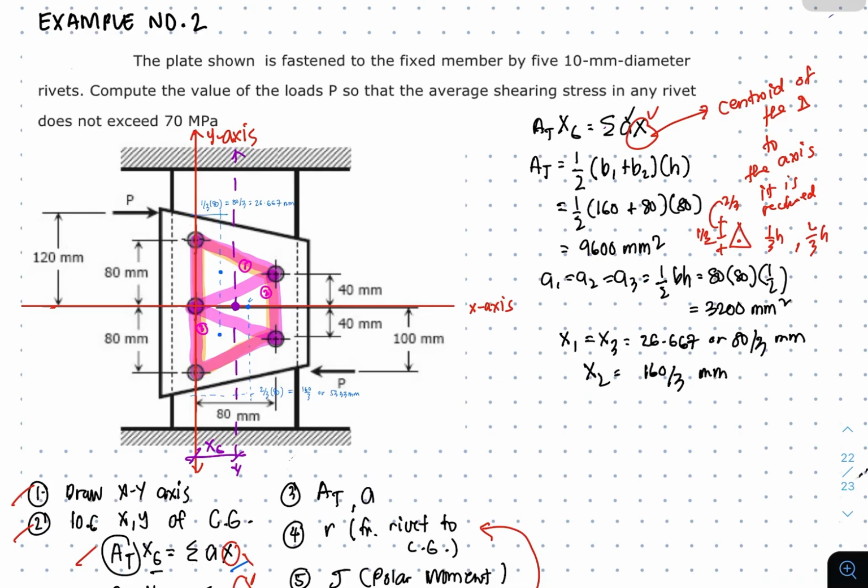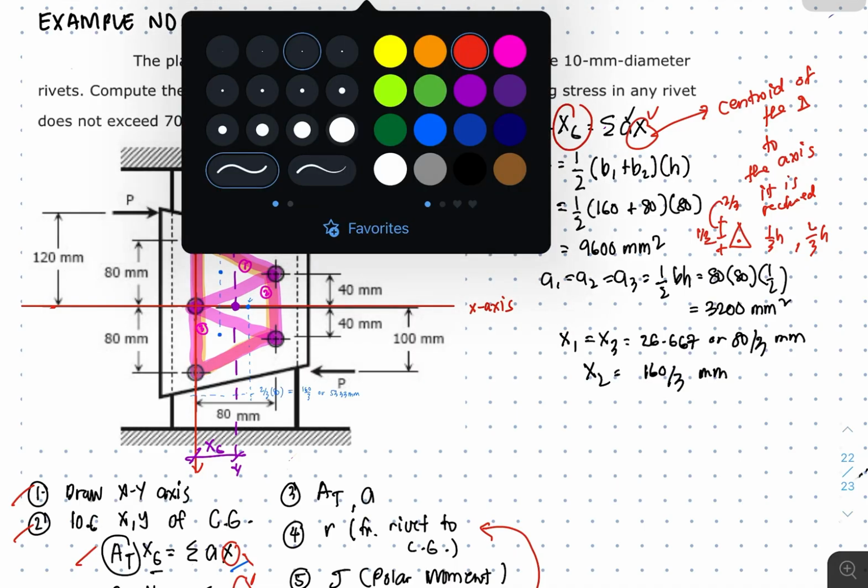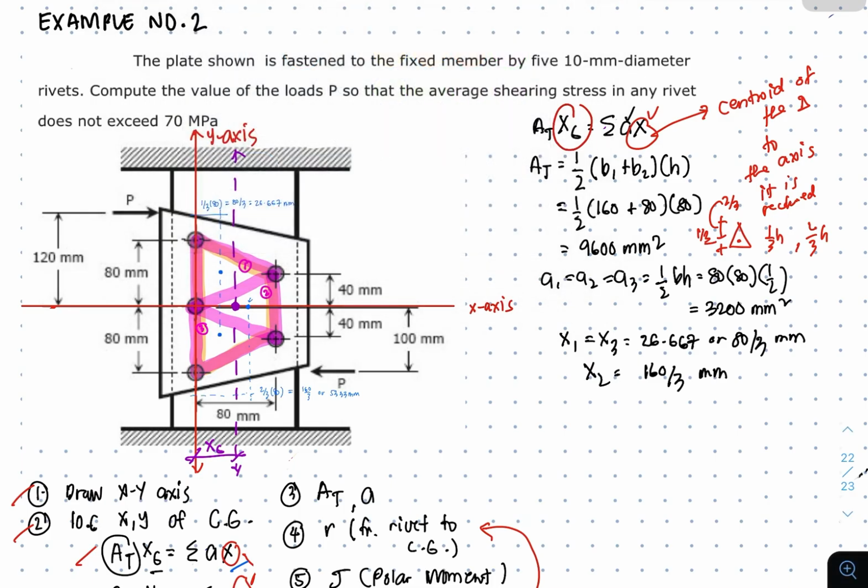Right now, since we have the values for our x and for the area and for the total area as well, we can solve for the x sub g, or the x coordinate of our center of gravity. All we need to do is substitute these values.